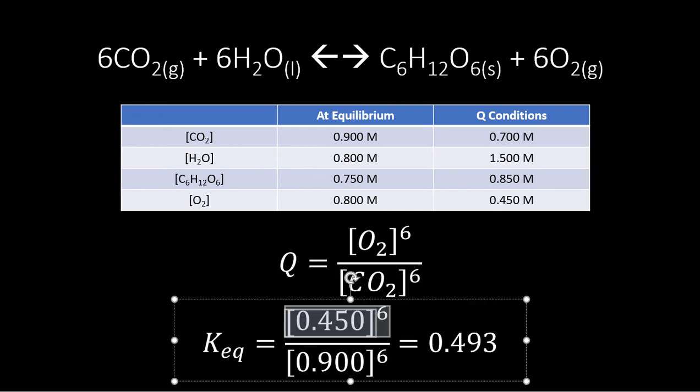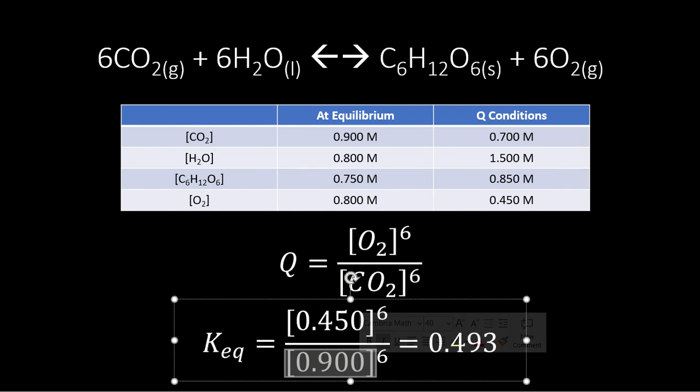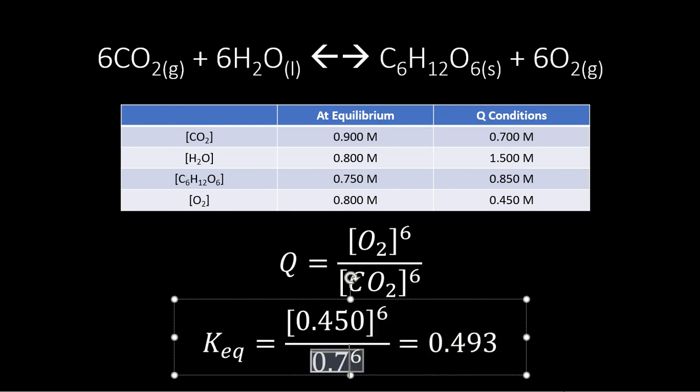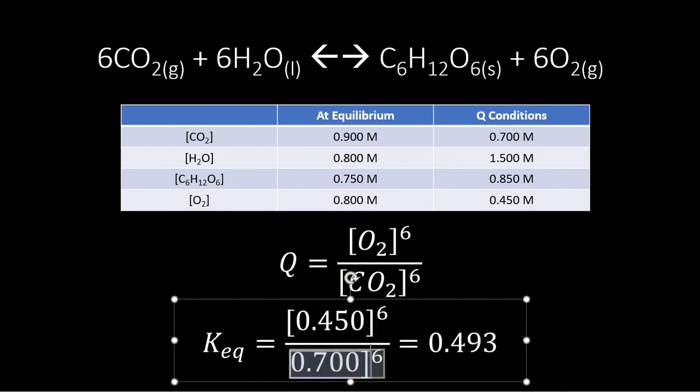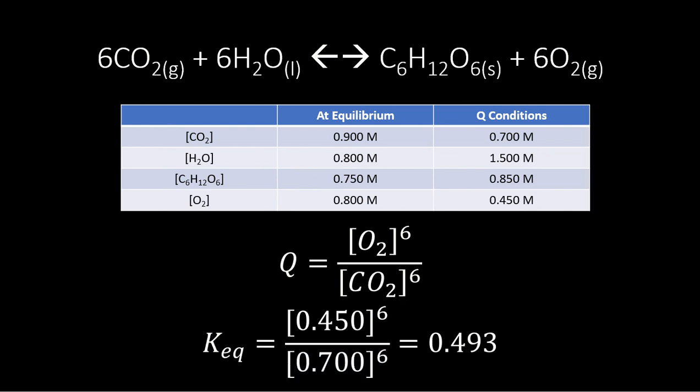And the concentration of carbon dioxide is going to be 0.700 molar. So 0.450 molar divided by 1 molar all over 0.700 molar divided by 1 molar. So unitless.